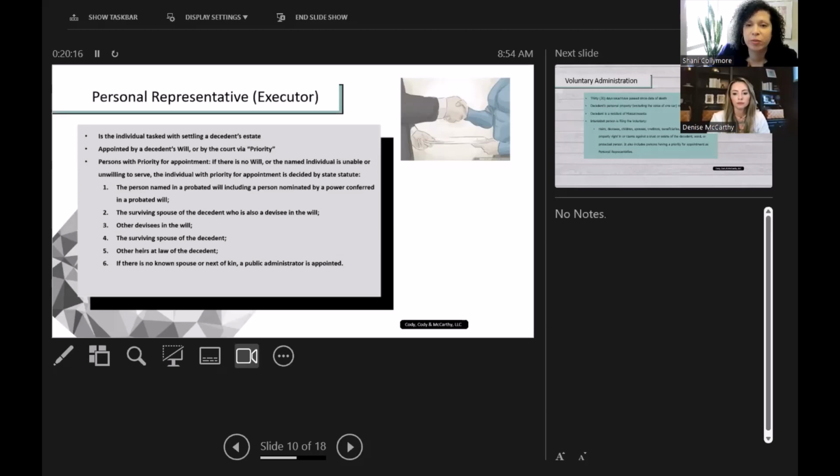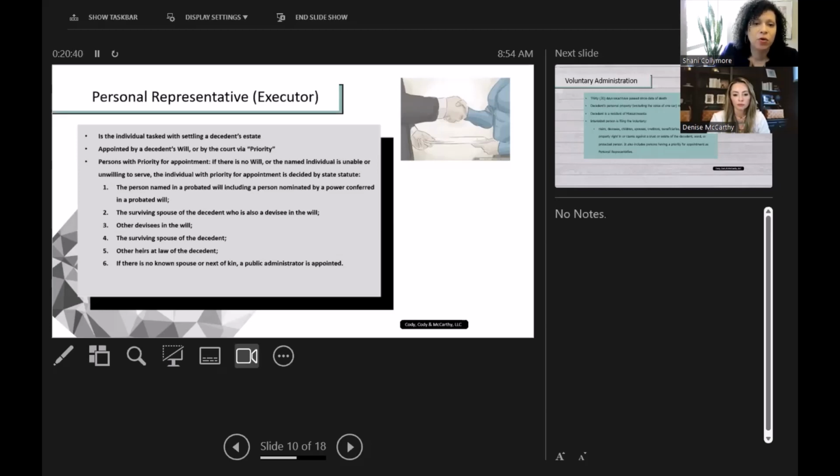Okay, so the personal representative is going to be appointed in your will. If they are not appointed in your will, because you didn't have a will or whatever, then the state has a list of priority for appointment. If you died intestate, without a will, they have an order.